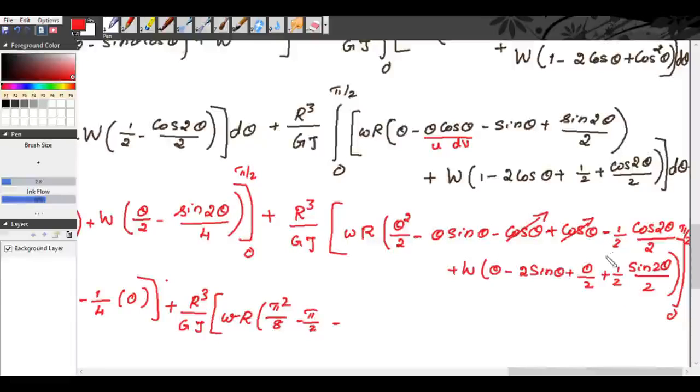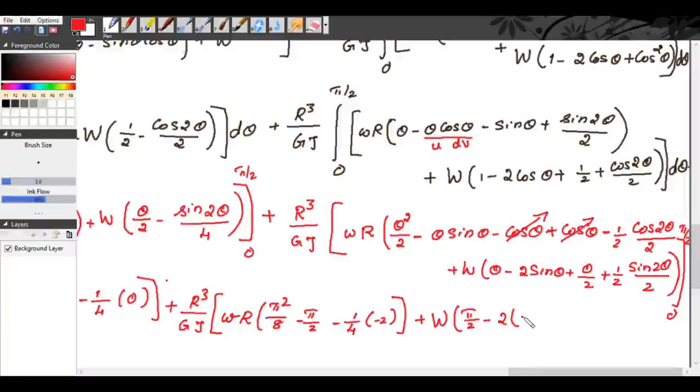So next one is minus 1 by 4 into cos 2 theta, that is cos pi. Cos pi is minus 1, cos 0 is 1. So minus 1, minus 2, plus W into theta, pi by 2 minus 2 sine pi by 2. 2 into sine 90 is 1, sine 0 is 0.